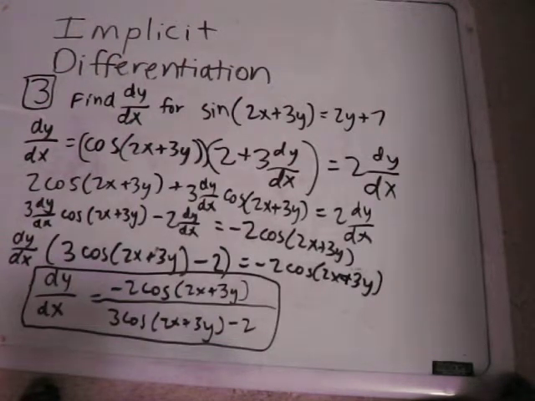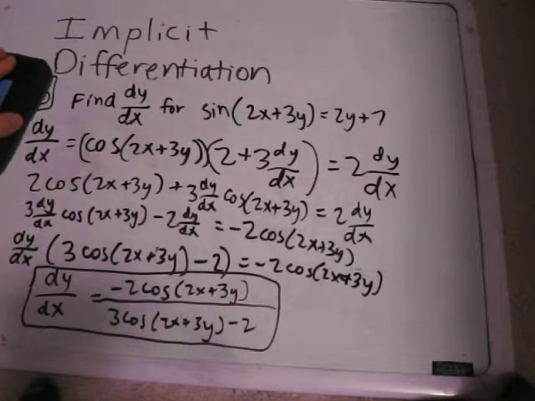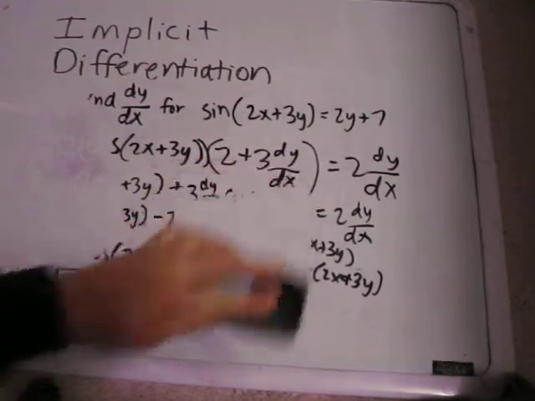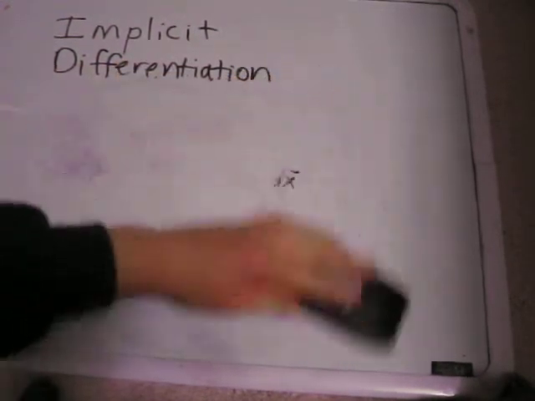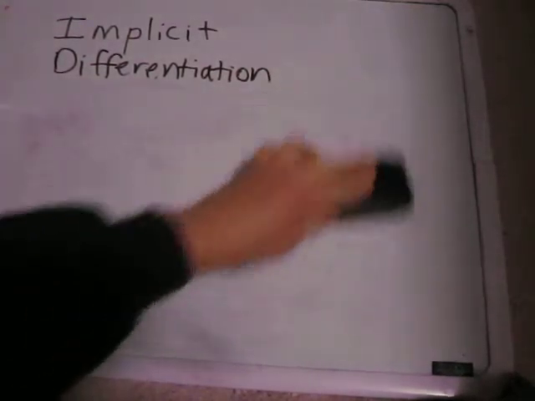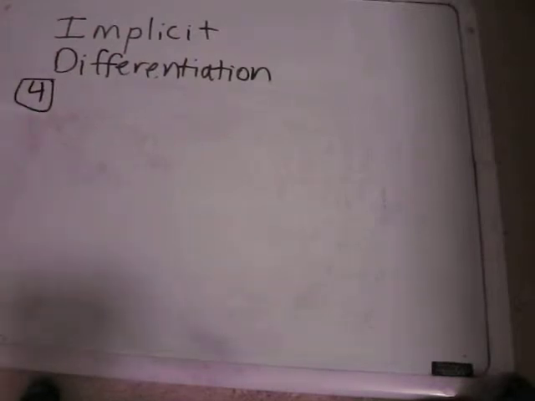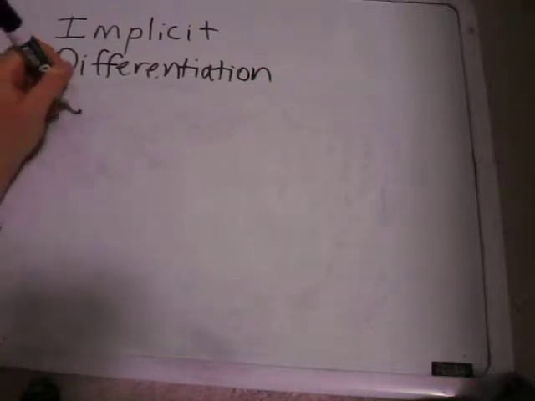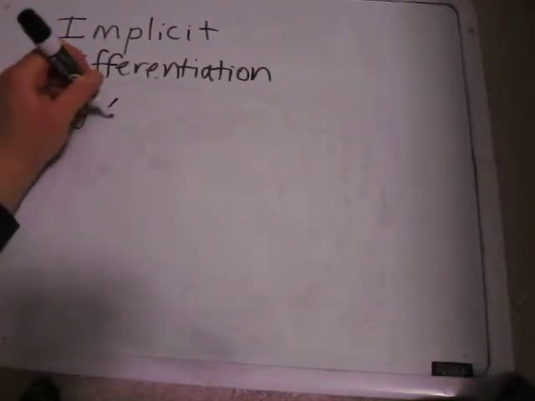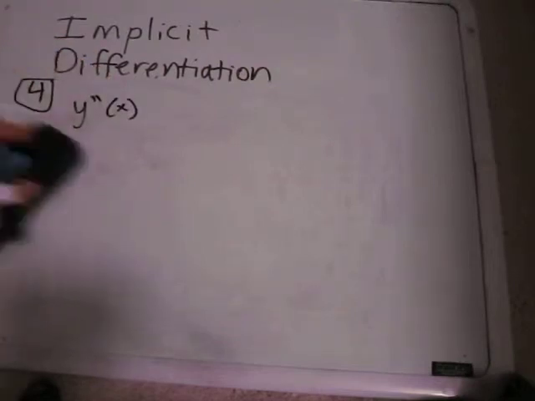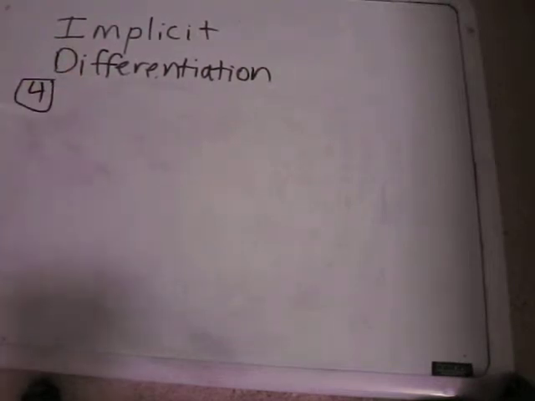So now moving on to example 4. So this time we're going to do a double implicit differentiation, and it works just similar to if you were asked to find y double prime of x, but this time we're going to use implicit differentiation both times.